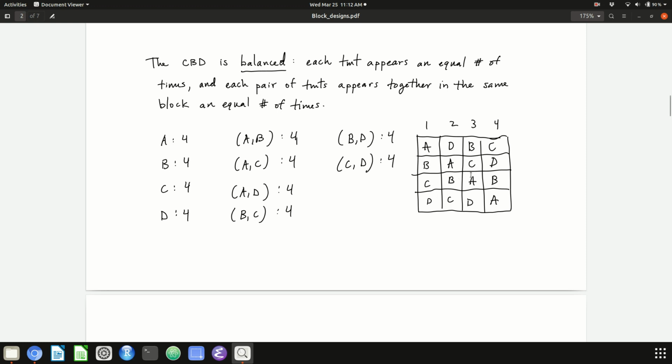The reason is that if A in block 3 is different from B in block 2, that difference could be due to the fact that they're in different rows or columns of the field. However, if A in block 1 is different from B in block 1, then you can be more certain that the difference is due to the treatment, the variety of wheat.